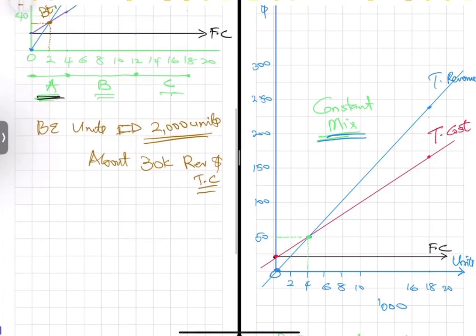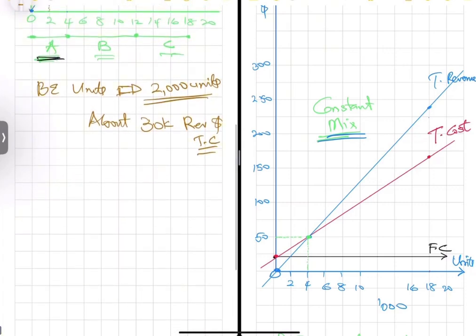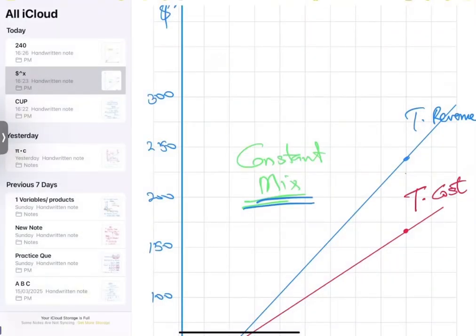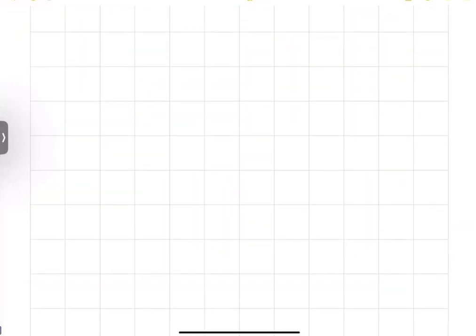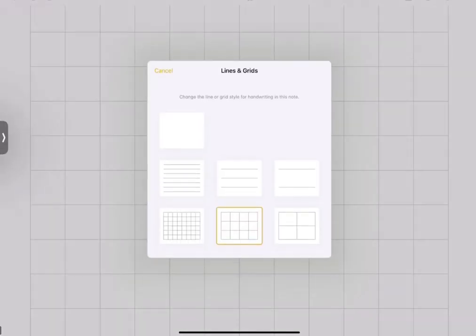And the last thing which I'm just going to touch on quickly is the last part of the chapter, talking about the limitations of this analysis. What are the limitations?